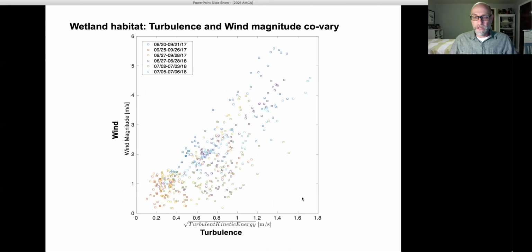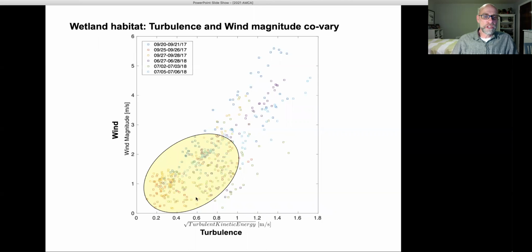Now, you've probably noticed as you were looking at those data that wind magnitude and turbulence are correlated, and larger wind magnitudes are associated with higher turbulence. And mosquito activity primarily occurred within this range.